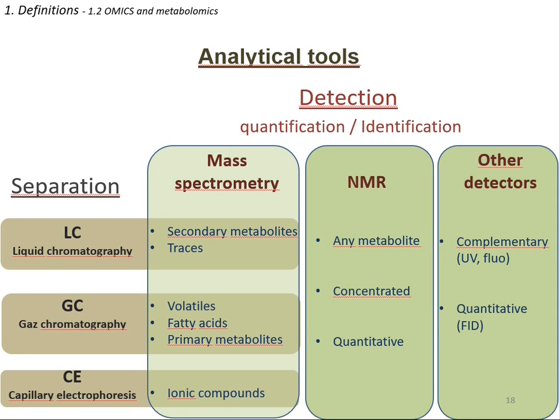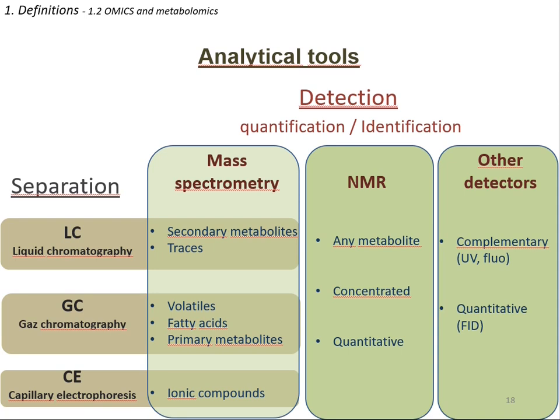So the most common combination today is a combination of chromatography and mass spectrometry. Liquid chromatography combined to mass spectrometry is very common to analyze secondary metabolites, trace compounds, while with GC, which is gas chromatography hyphenated to mass spectrometry, we analyze other types of compounds like volatiles, fatty acids, primary metabolites.